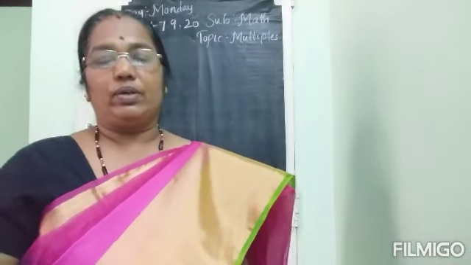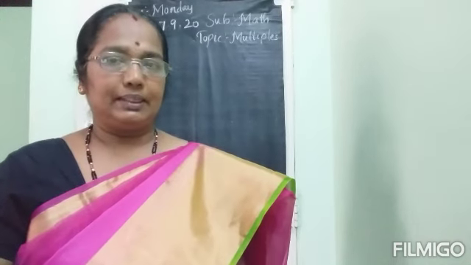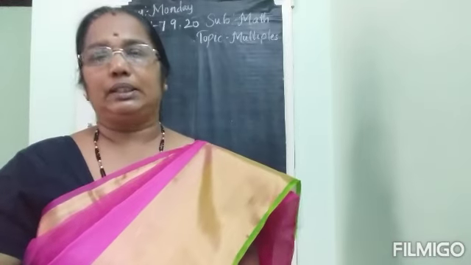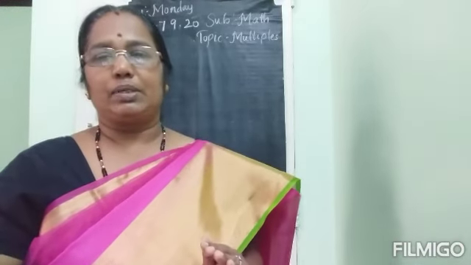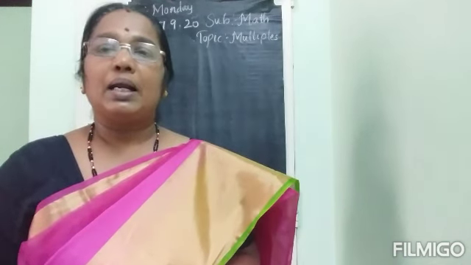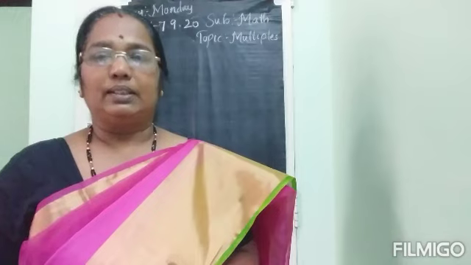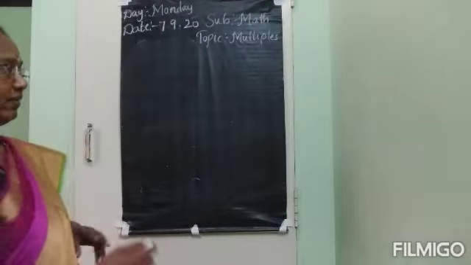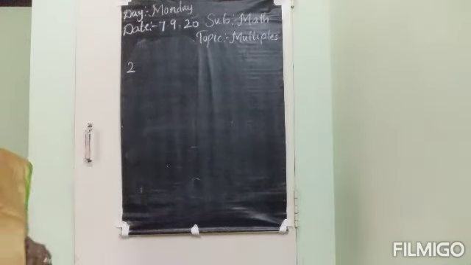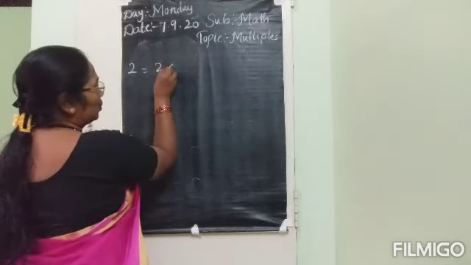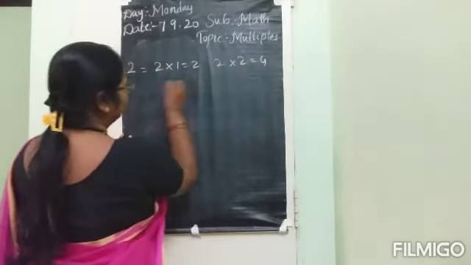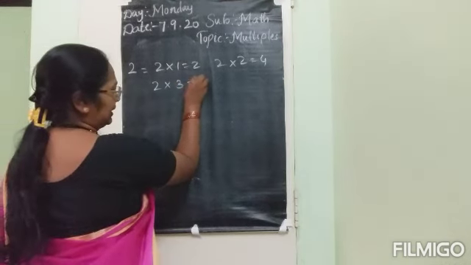Okay, children, now we are going to see what multiples are. Multiples are nothing but your tables. For example, if I ask you to write the multiples of 2, you have to write 2 ones are 2, 2 twos are 4, 2 threes are 6, like that.